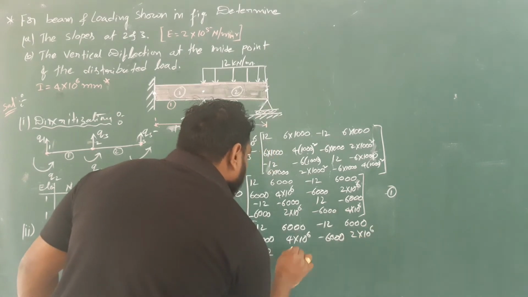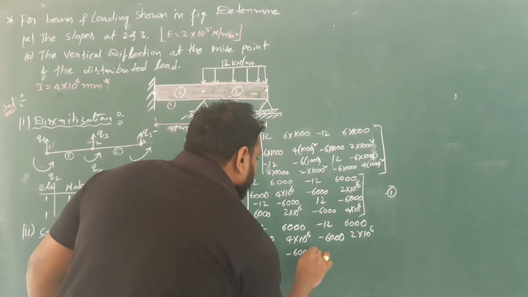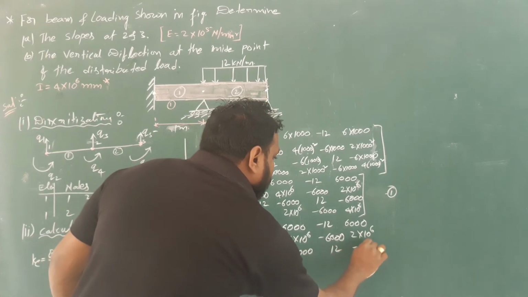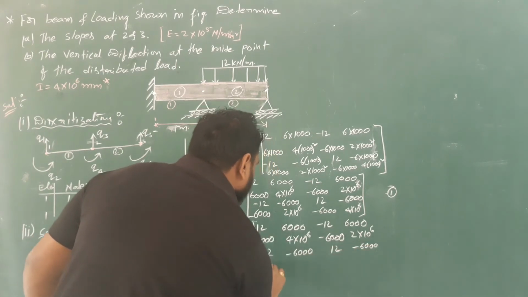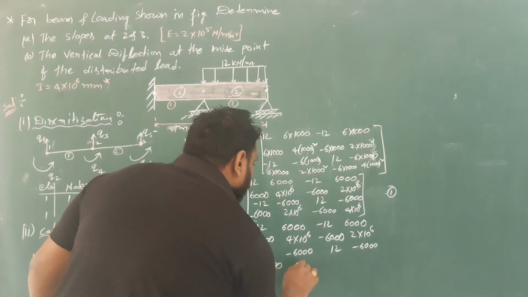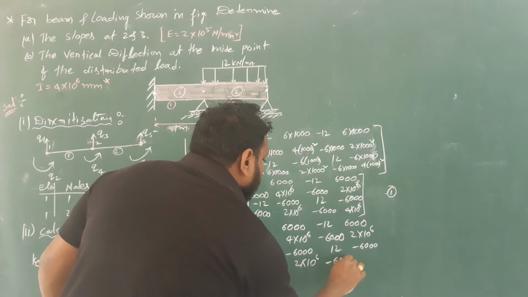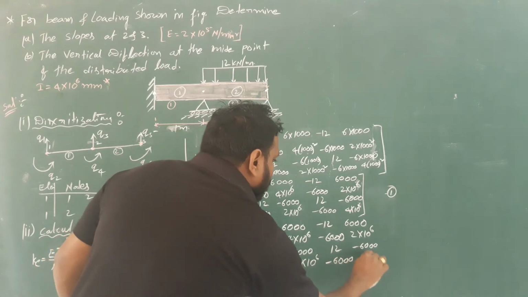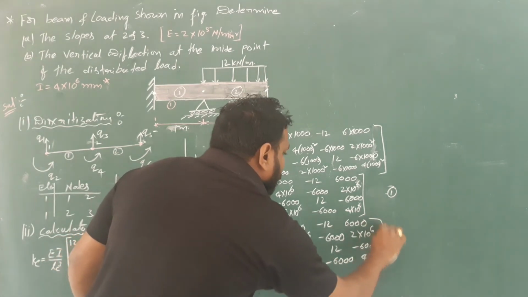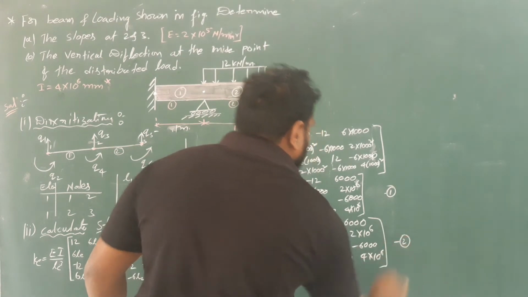Here minus 12, minus 6000, and 12, minus 6000, and 6000. 2 into 10 to the power of 6. Here 6000. Here 4 into 10 to the power of 6. These are all. This is equation number 2.